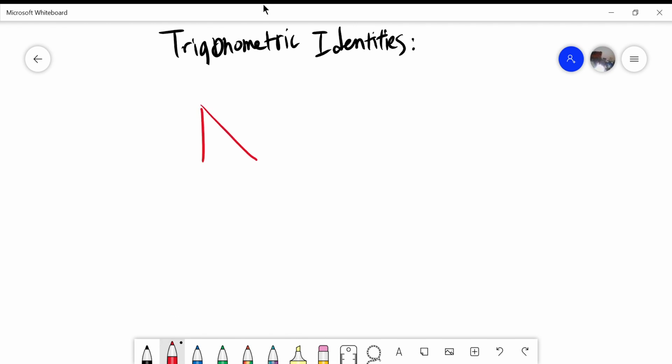We're going to get a triangle with sides a, b, and c. And by the Pythagorean theorem, we know that a squared plus b squared equals c squared. And now we're going to divide both sides by c squared.